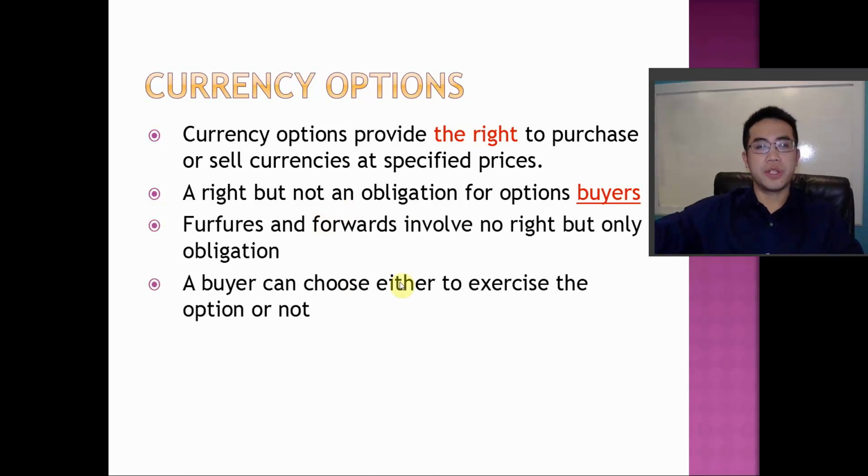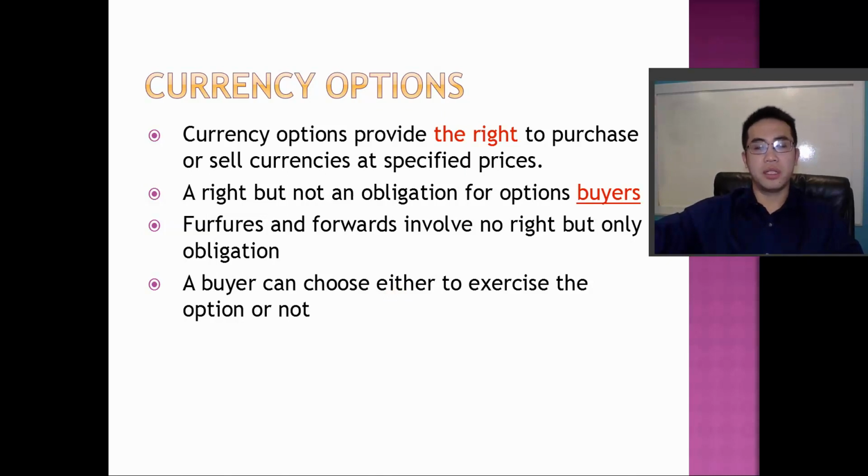For currency options, a buyer can choose either to exercise the option or not. When the option is in the money, in the sense that when the buyer exercises the option they can make some money, they would choose to exercise it.